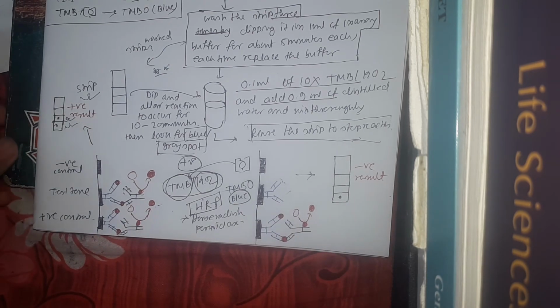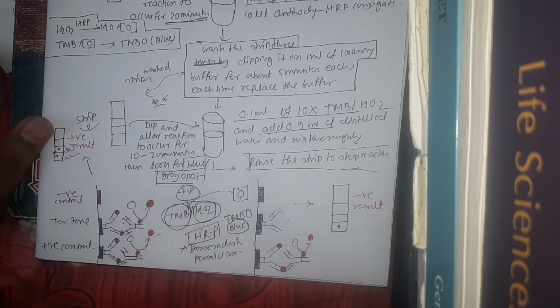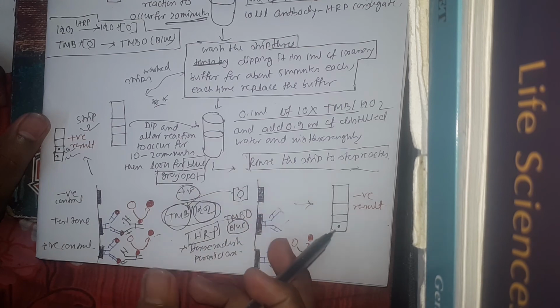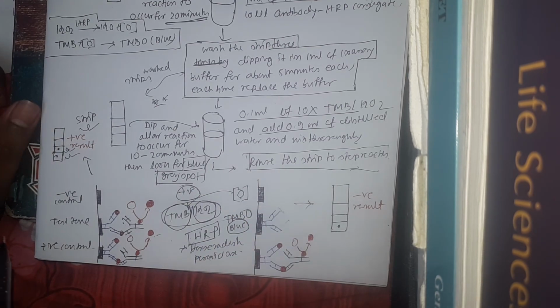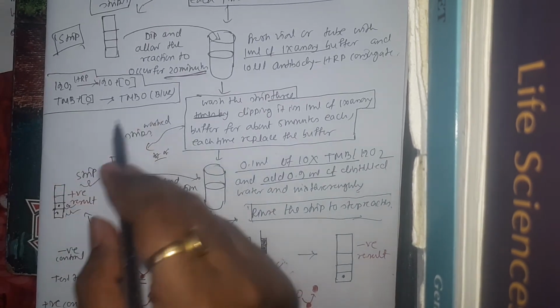So that is the reason why in case of a positive result we have 2 blue or gray spots, and in case of a negative result we have 1 blue or gray spot. This is the reaction if you want to make notes.